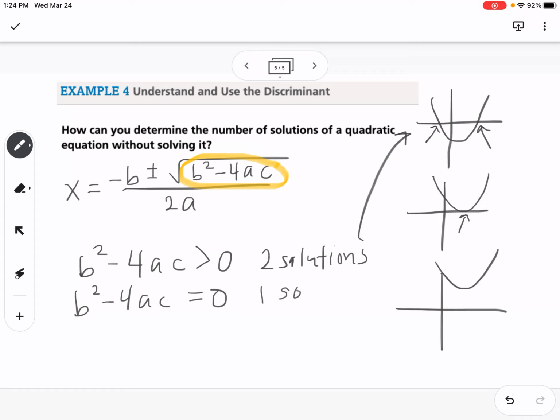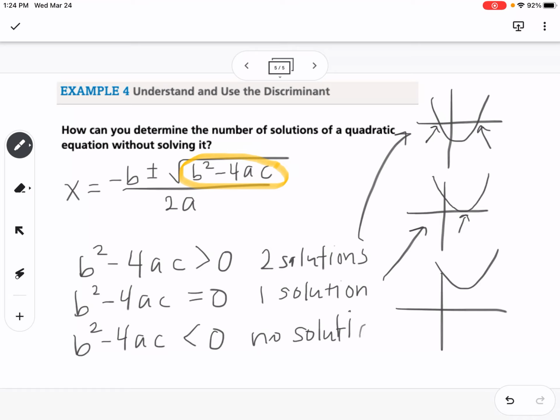So that would mean we have one solution, which would be that situation. And finally, if b squared minus 4ac is less than 0, that's where we have no solution, which would be that situation right there.